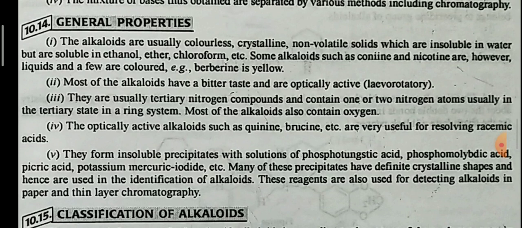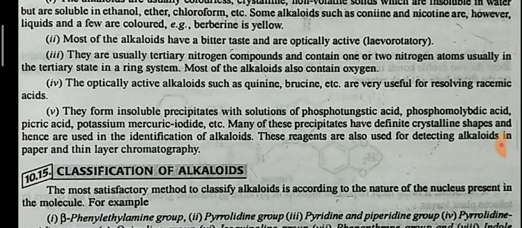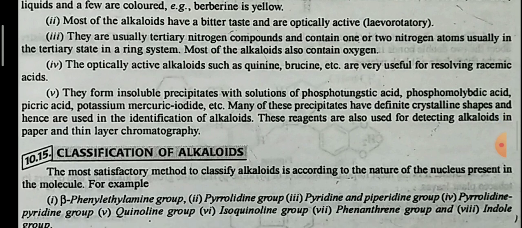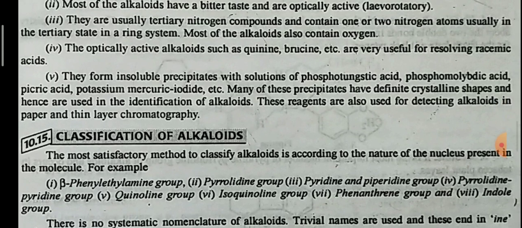Most of the alkaloids have a bitter taste and are optically active, that is levorotatory. They are usually tertiary nitrogen compounds and contain one or two nitrogen atoms, usually in the tertiary state in a ring system. Most of the alkaloids also contain oxygen. The optically active alkaloids such as quinine, brucine, etc. are very useful for resolving racemic acids.